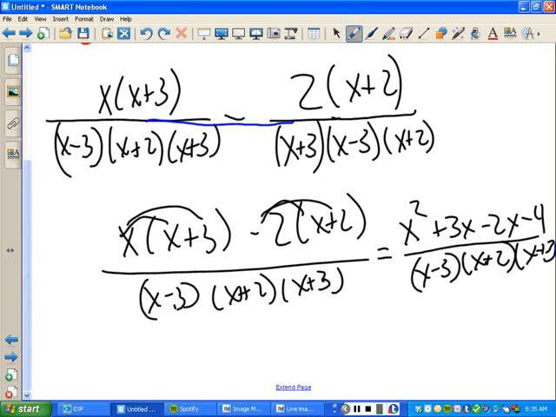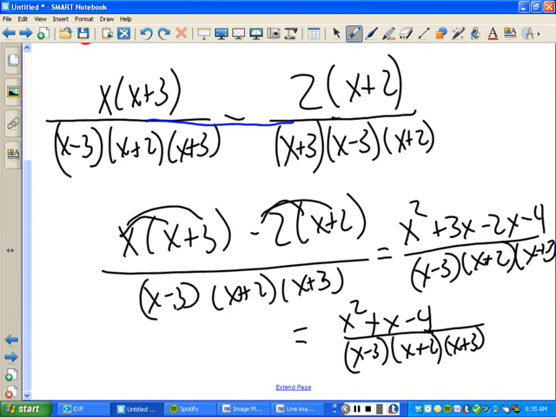All right, which gives us a final answer of x squared minus x minus 4 over x minus 3, x plus 2, x plus 3. Okay. Going once, going twice.